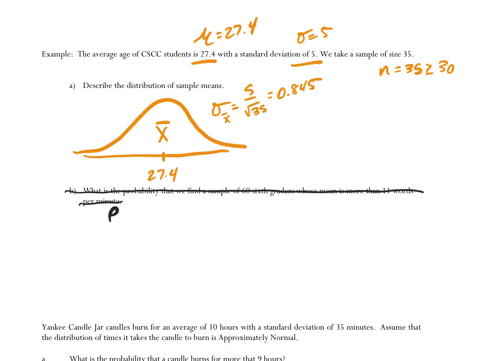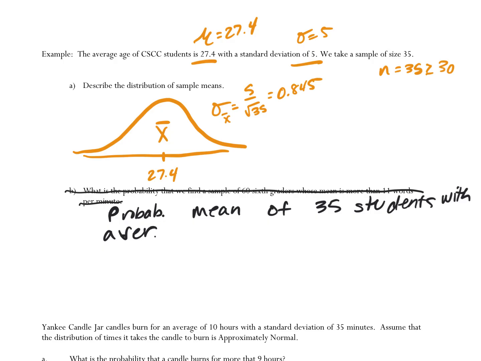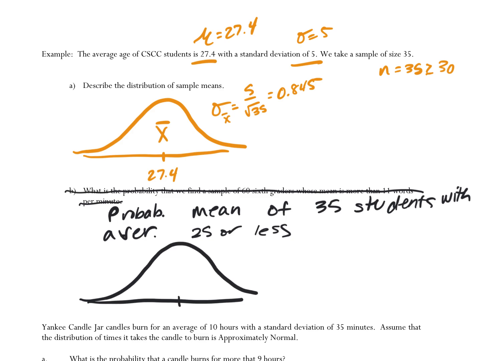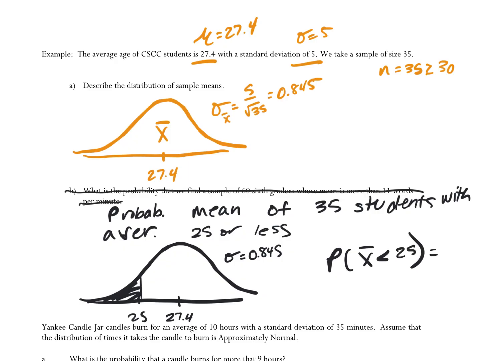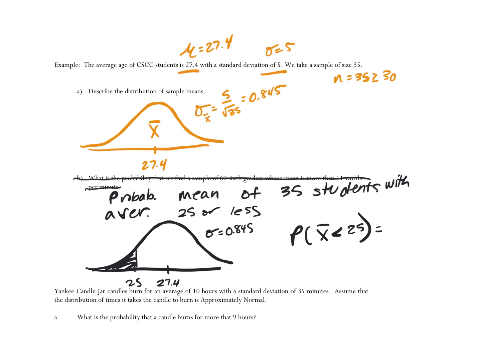Let's say, what is the probability I get a mean of 35 students with an average of 25 or less? That'd be pretty surprising.